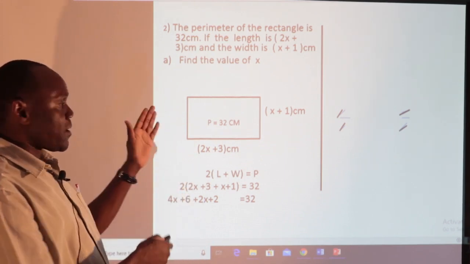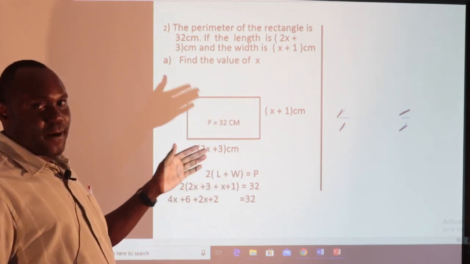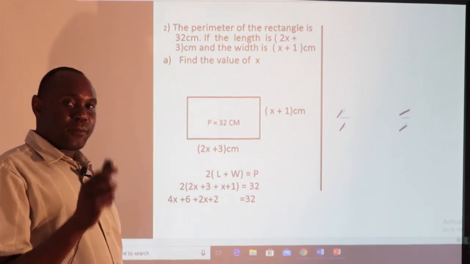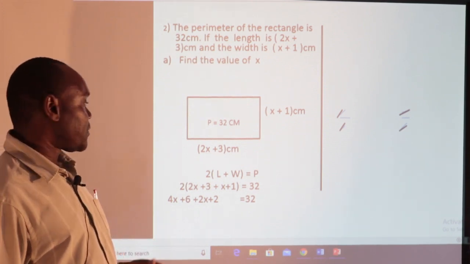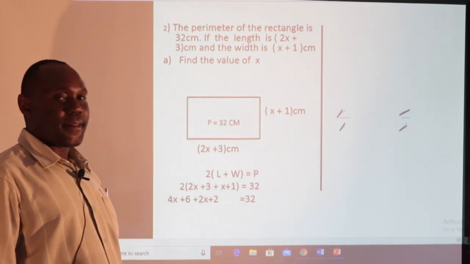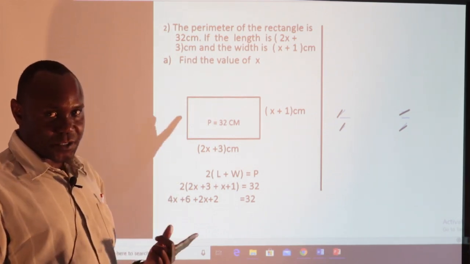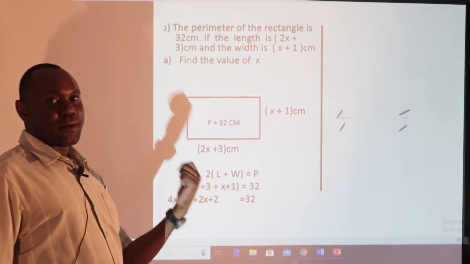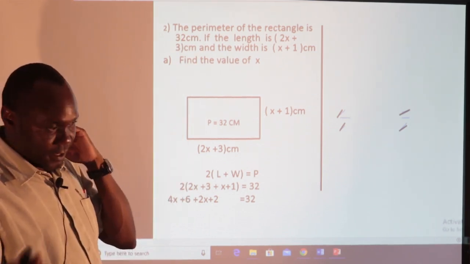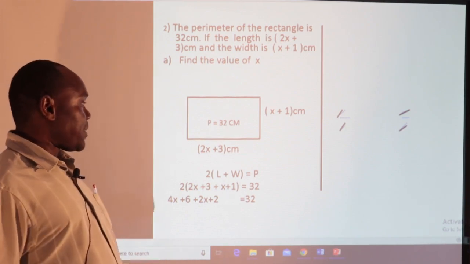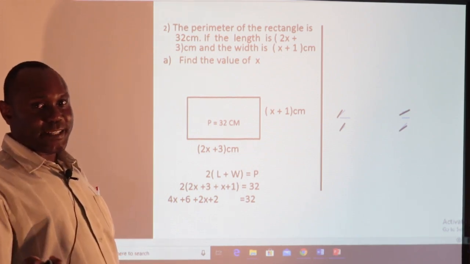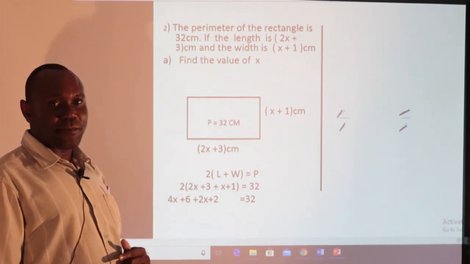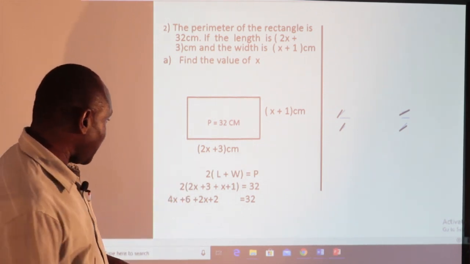Plus, because the outside one is a positive, we are multiplying a positive times a positive. You can also write that one at your note: a positive times a positive gives you a positive, a positive times a negative gives you a negative, a negative times a positive gives you a negative, and a negative multiplied by a negative gives a positive. I can summarize by saying the same signs when multiplying give a positive, and different signs give a negative.